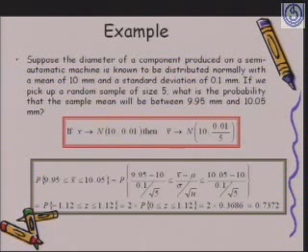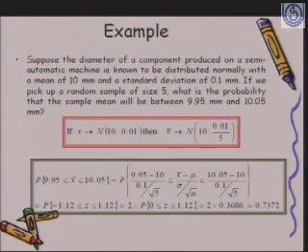Now I would like to emphasize two points here. Why have I multiplied the expression of probability by 2 in the last step? Because the normal distribution is a symmetric distribution.